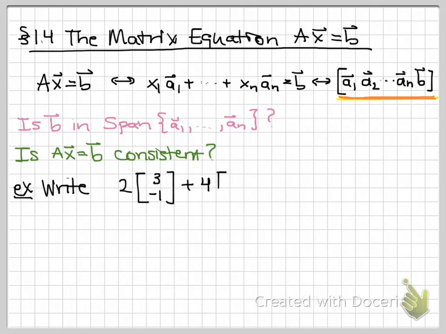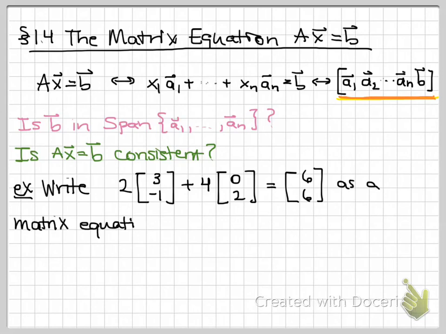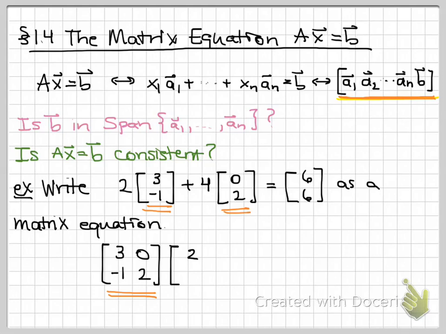So just to make sure we're okay with working with this, let's write this linear combination of vectors as a matrix equation. So I'm going to make a coefficient matrix here that has the two vectors, and then multiplied by the vector 2, 4, and that's going to be equal to 6, 6.